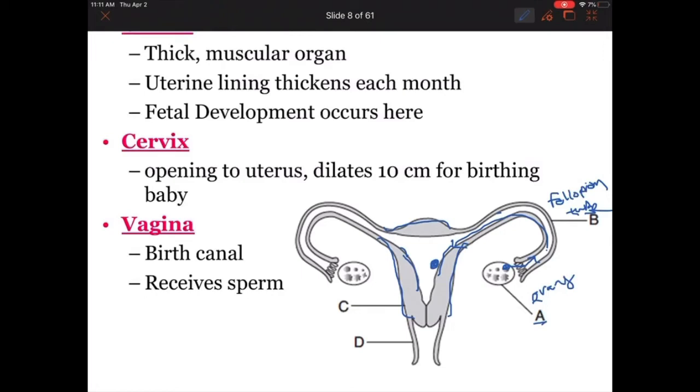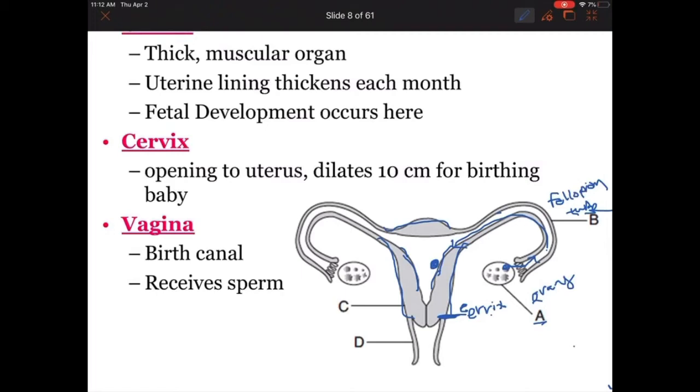Any of that lining and the blood vessels in there get removed through the cervix, which is the opening of the uterus into the vagina, and then move out through the vagina.